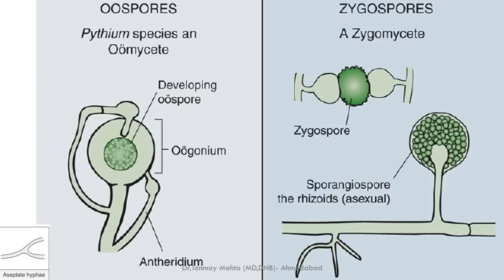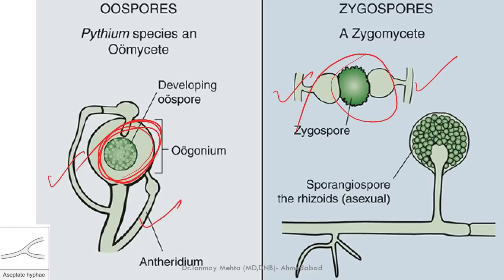Because it is sexually produced, there has to be one male and one female hypha, and they mate with each other and produce oogonium, which gives rise to oospore, right? Here also male and female hyphae produce a zygospore.